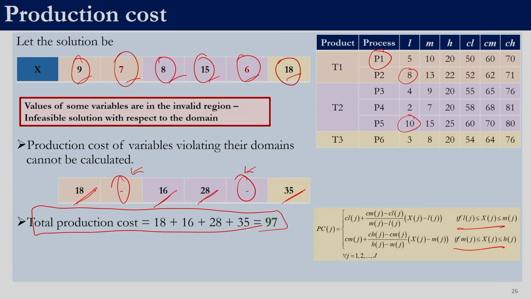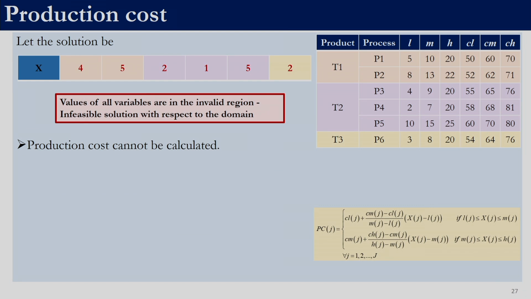For a solution which does not satisfy the domain constraint, this is how we calculate the total production cost. If the solution is like this, let us say 4, 5, 2, 1, 5, 2, you can compare and infer that all of these variables are violating the domain constraint. If a variable is violating the domain constraint, as we just saw, we cannot calculate the production cost.